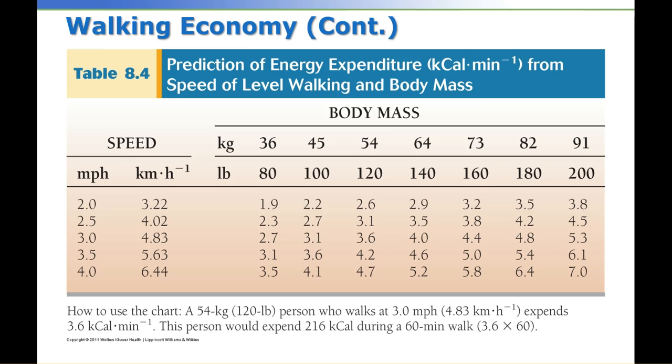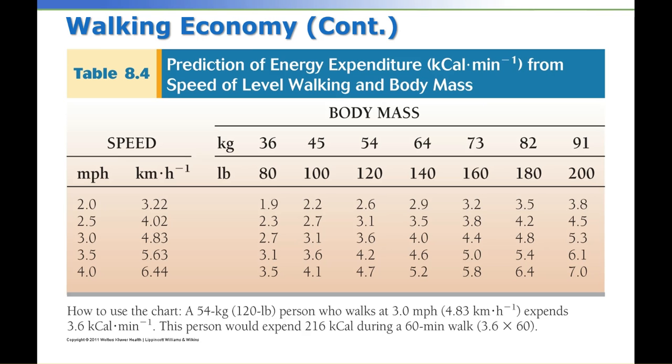So you see a person at a speed of 4 at 80 pounds, you're looking at 3.5 versus a 7 over there at 200.